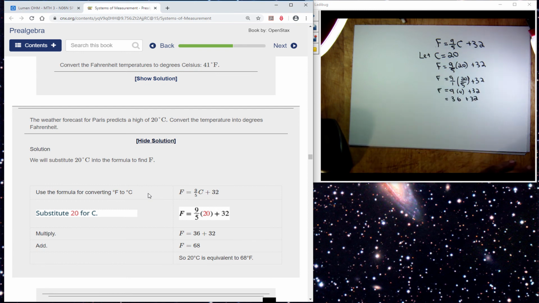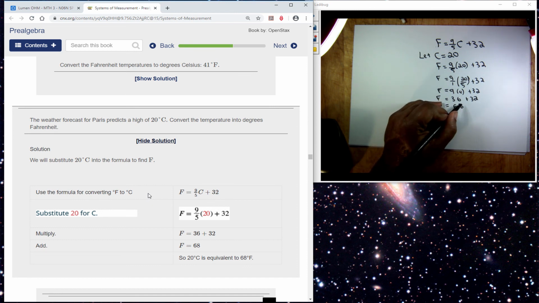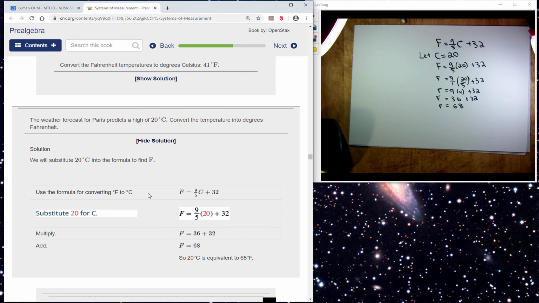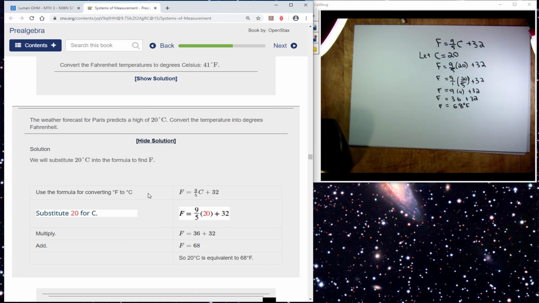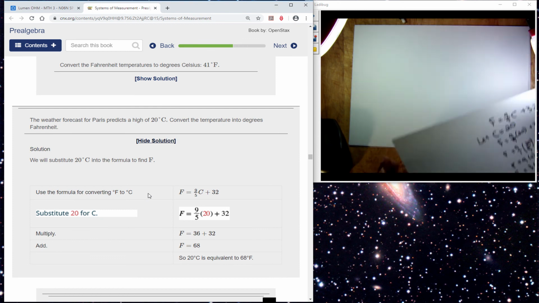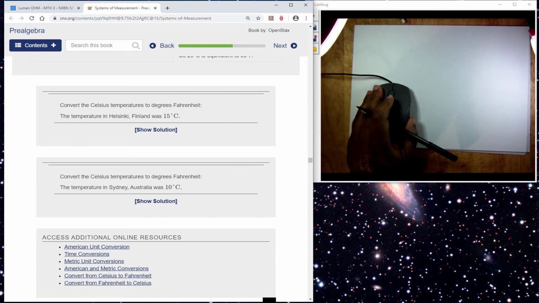So I have 36 plus 32, which is 68, which is my final answer here. So 68 degrees Fahrenheit. And that is the end of that section, part 3.